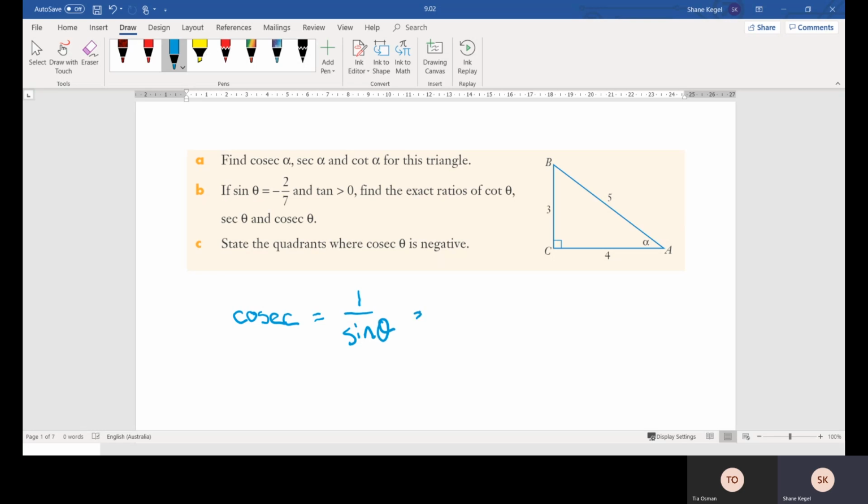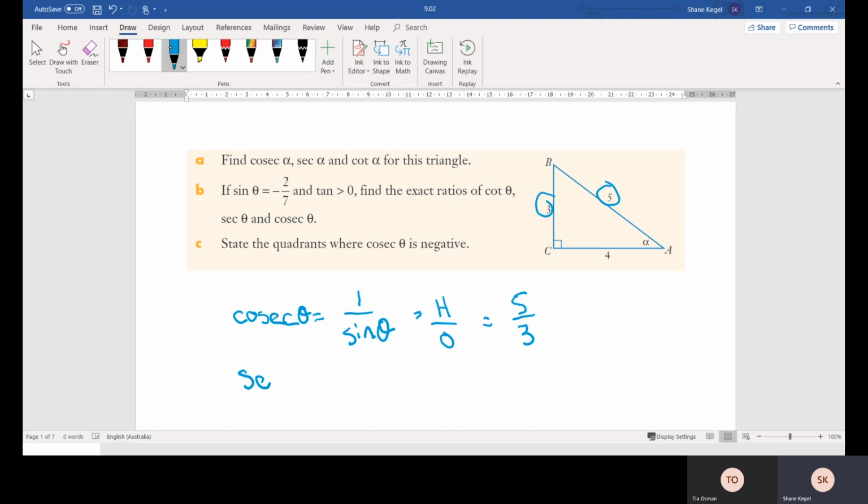Sine ratio is usually O over H, but because we're taking the reciprocal, we need to flip that around. So cosec of our angle, I forgot to put angle in, is the same as H over O. Looking at our triangle, we take our H and O values and plug them into our fraction. H is 5 over our opposite of 3. So 5 over 3.